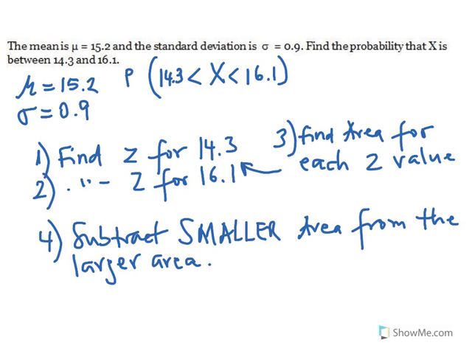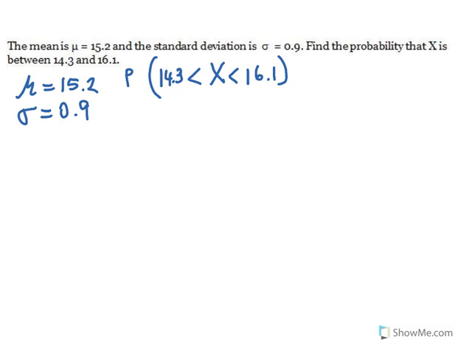So these are the 4 steps that you need to do in order to find the probability, or the area bound by 2 z-scores. Okay, so let's start doing it. The first thing is to find the z-score of 16.1. That's the value right here. So that's going to be x minus mu over standard deviation.